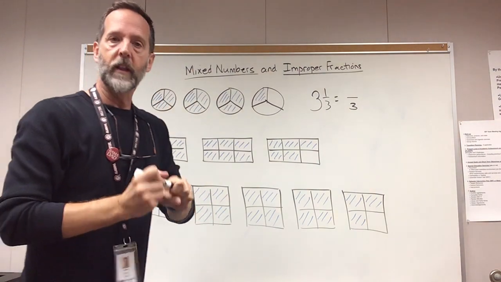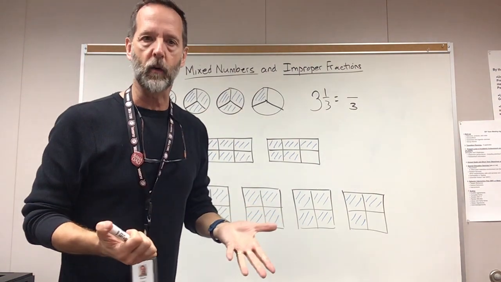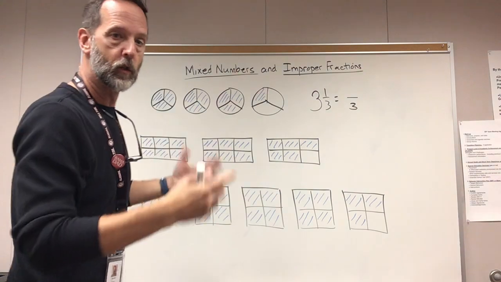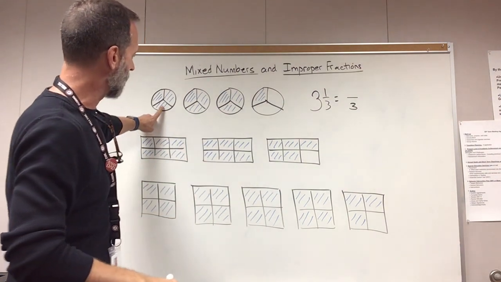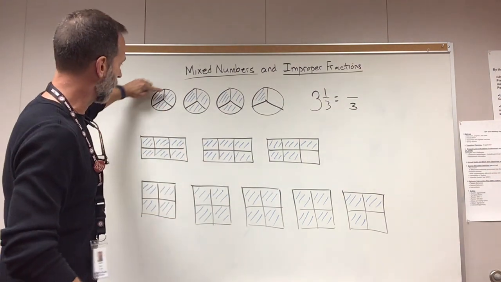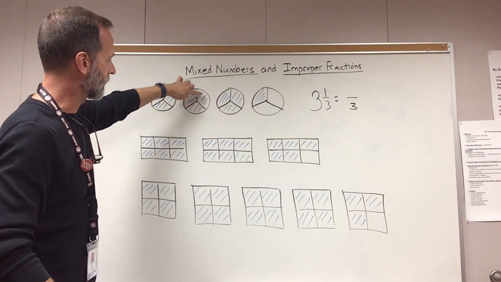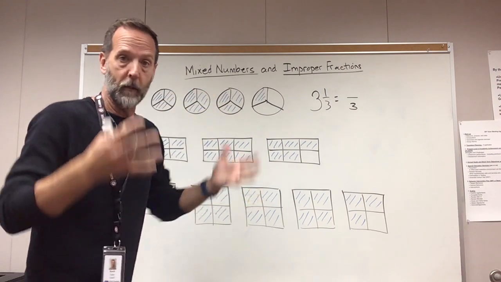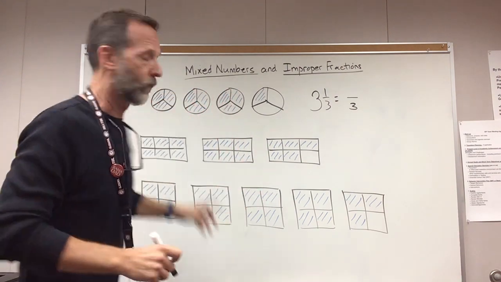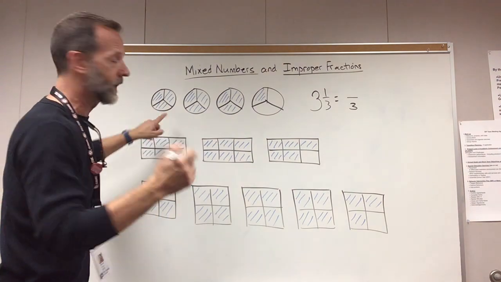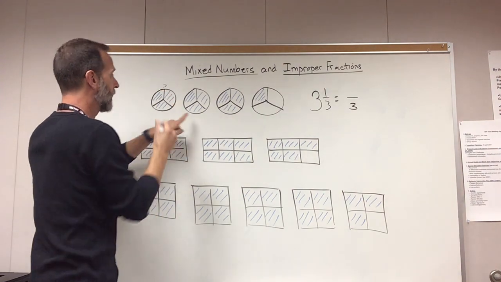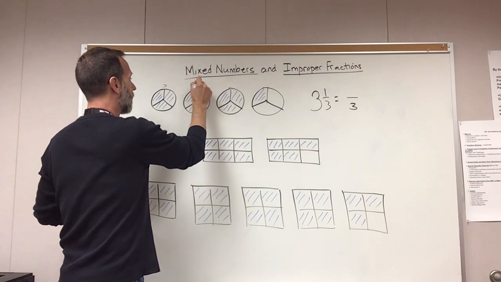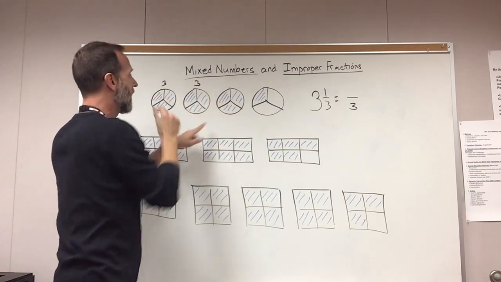Now, with an improper fraction, all you simply do is you count. How many pieces do you have? Each of these is 1/3. That's 1/3, that's a third, that's 1/3, so is that, so is that, so is that. How many 1/3 pieces do we have? Well, how many do we have here? We have 3, right? How many do we have here? We have 3. How many do we have here?